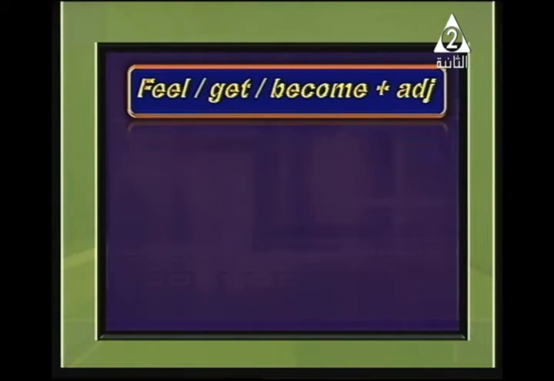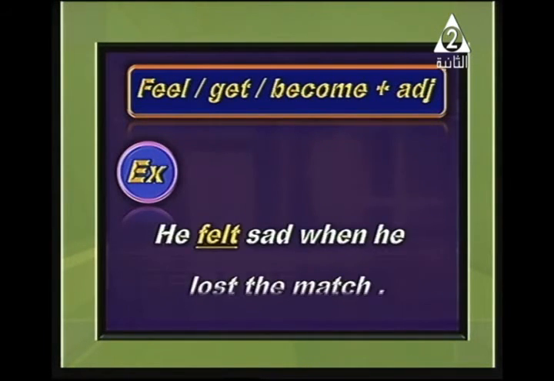Feel, get, become plus adjective. Examples. The past of feel is felt. He felt sad when he lost the match.